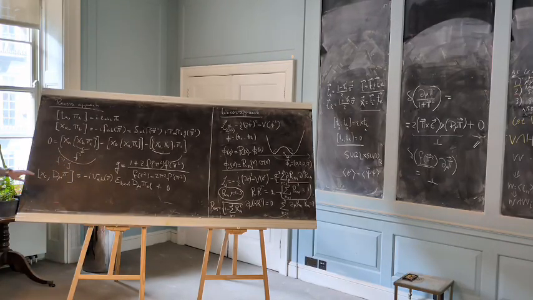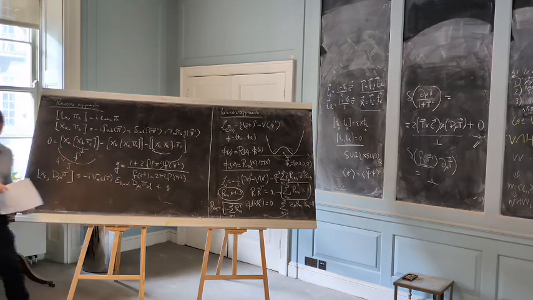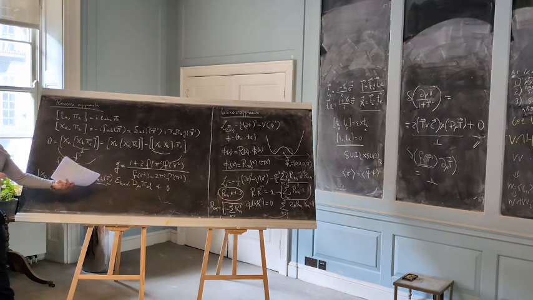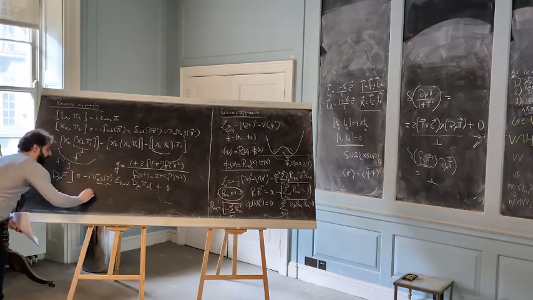So if I just ask that the action of this broken generator on the covariant derivative is orthogonal to the covariant derivative itself with some unknown coefficient, it actually fixes this function, the closure of the algebra. So I can fix this function also.